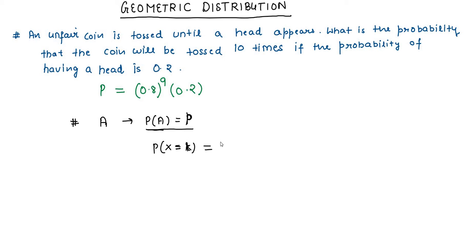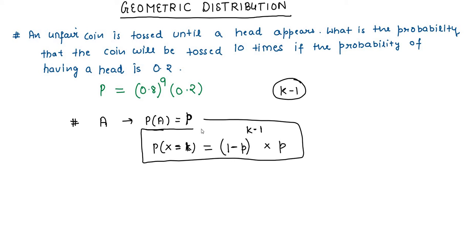In the first k minus 1 experiments, we do not want this event to happen. The probability that this event does not happen is 1 minus p, and we want that to happen k minus 1 times. And at the kth trial, we want the event to happen, and this probability is p. So this is the geometric distribution: the event occurs at the kth trial, and p is the probability of the event happening.